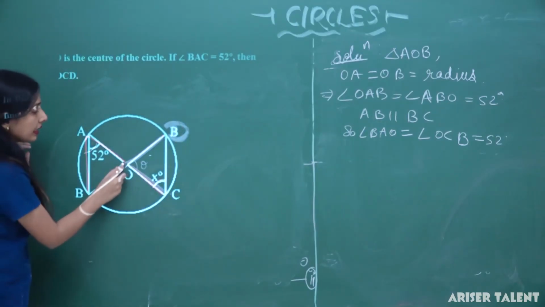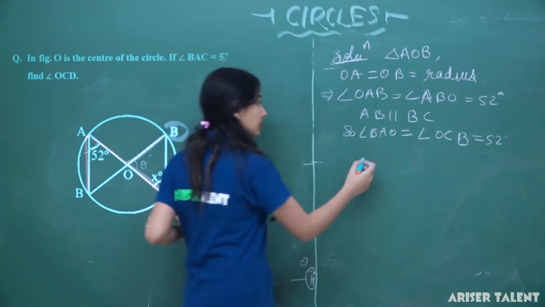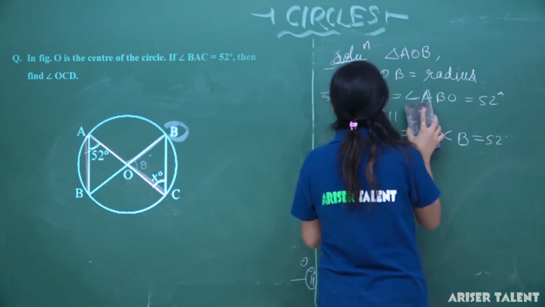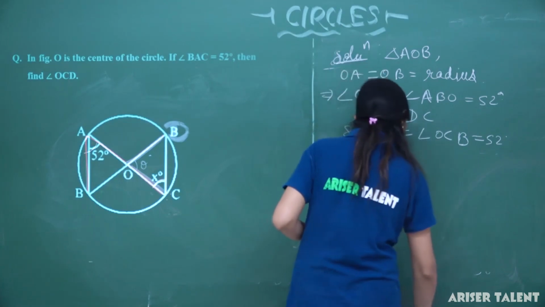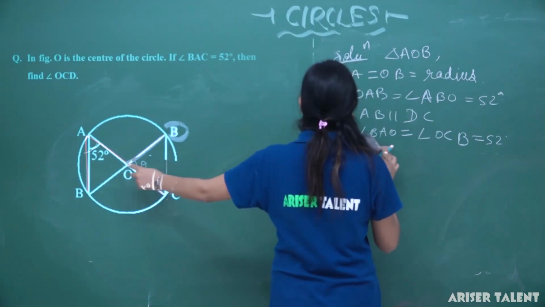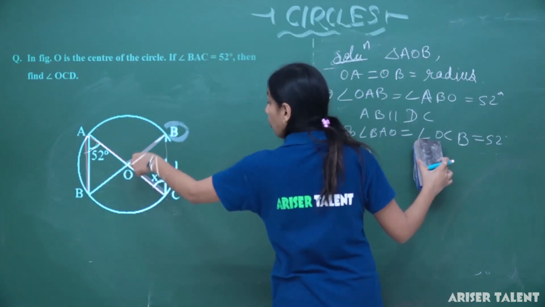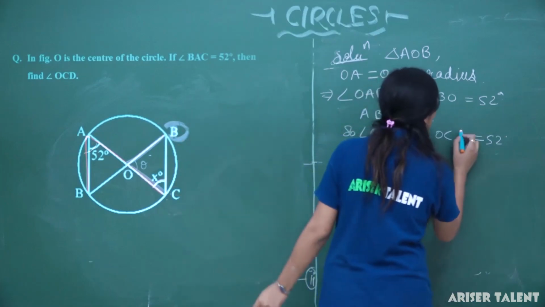So, this angle OCD will be what? This implies that AB is parallel to DC. So, correct it here that this is point D. So, angle ABO will be equal to angle OCD, right? So, it will be here OCD.